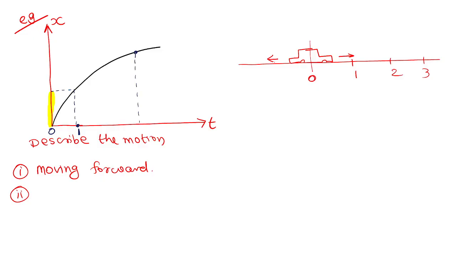But later, let me write some numbers, then you will not have any confusion. Later in 1 second time, how much displacement? It is too small, like this much displacement.